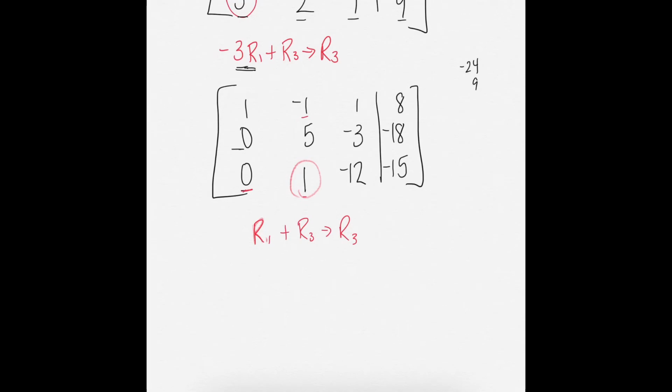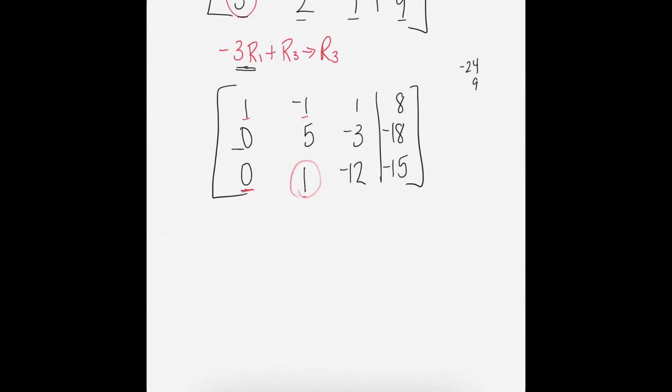But the problem is, do you notice what would happen to this entry right here? Row 1 plus row 3 makes a 1. So I would be undoing the 0 I just created. So for that reason, this step will not work.